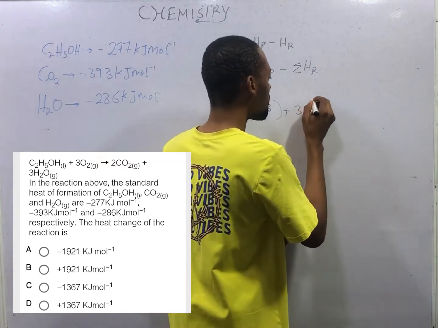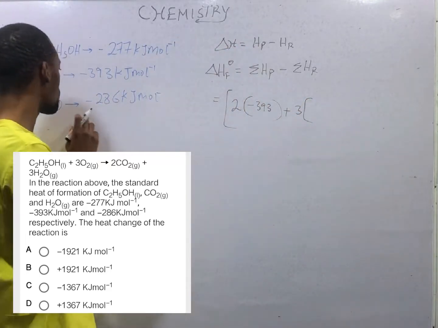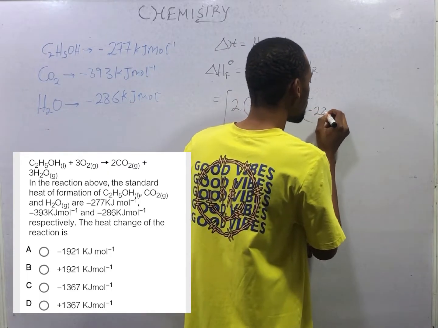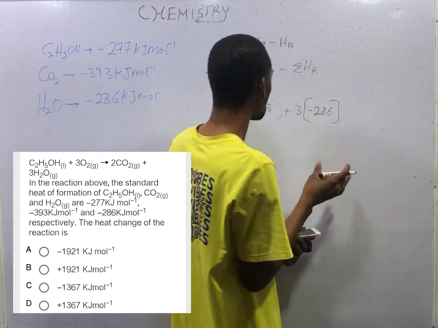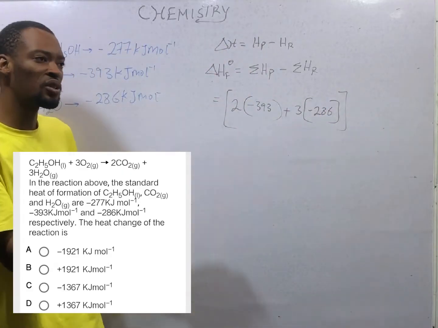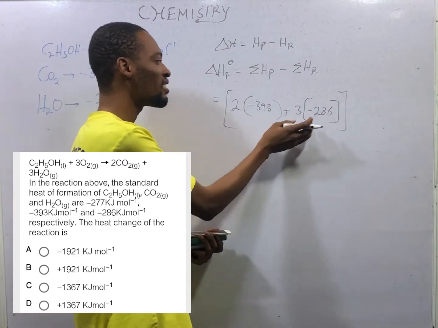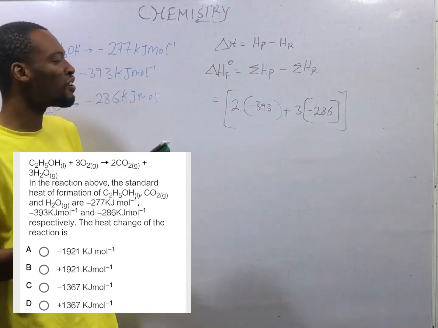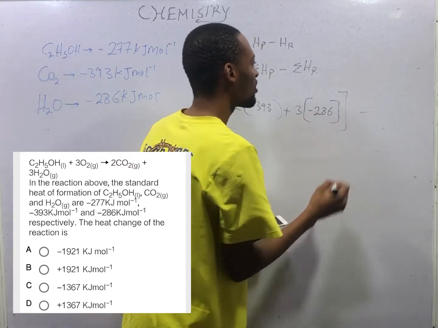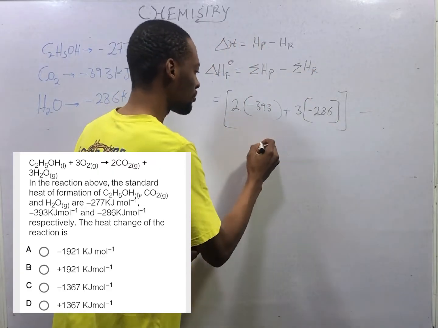So 3 times formation of H2O, minus 286. So that is it for the product. If we had more than 2 products, we simply add the standard heat of formation of each of the products. So minus that of the reactant.